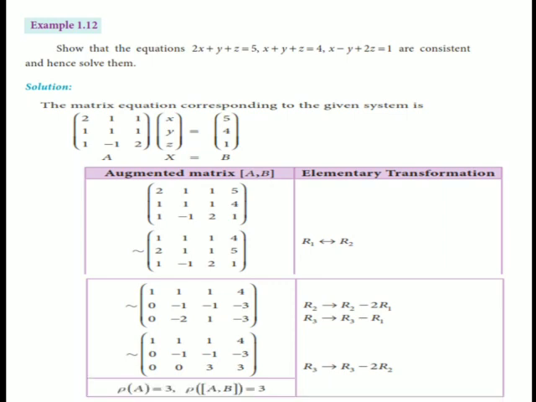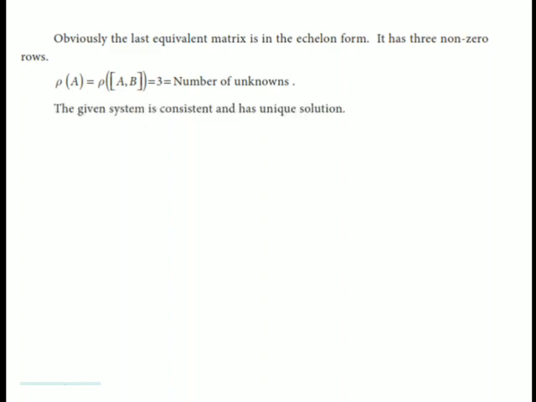Rank of A equals 3, rank of (A, B) equals 3, both are 3. Obviously, the last equivalent matrix is in echelon form and has 3 non-zero rows. Rank of A equals rank of (A, B) equals 3, the number of unknowns. The given system is consistent and has a unique solution.